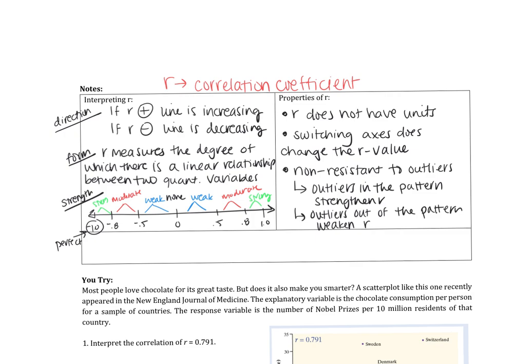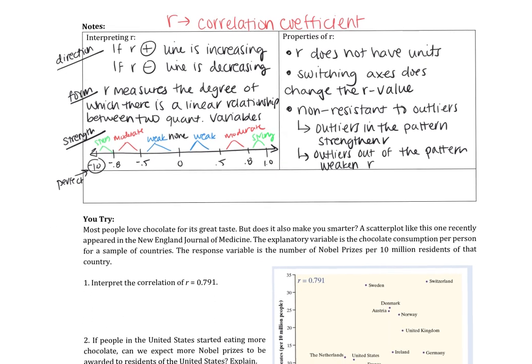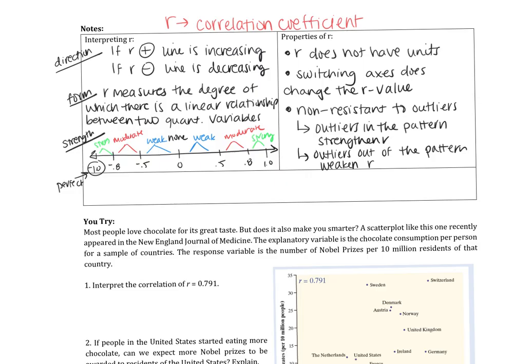Every single point lies perfectly in a line, perfectly positive or perfectly negative. So one thing to keep in mind that we've talked about is that R looks at linear relationships. So if R equals 0, that doesn't necessarily mean there's no relationship. It just means the relationship isn't linear.